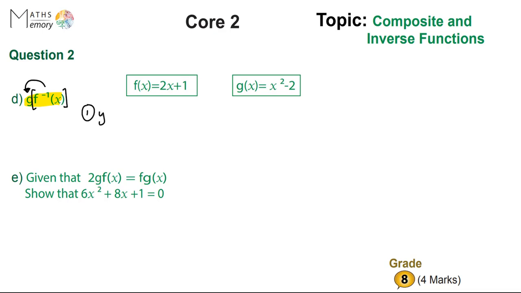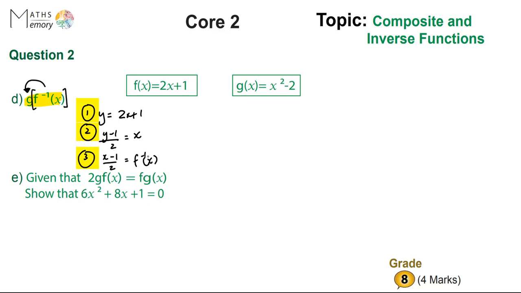Step 1, let's replace f of x with y. y equals 2x plus 1. Step 2, let's make x the subject. So this will be y minus 1 over 2 equals x. And step 3, let's replace the x's and y's. x minus 1 over 2 equals f minus 1 of x. There we go. We've got our inverse function of f.